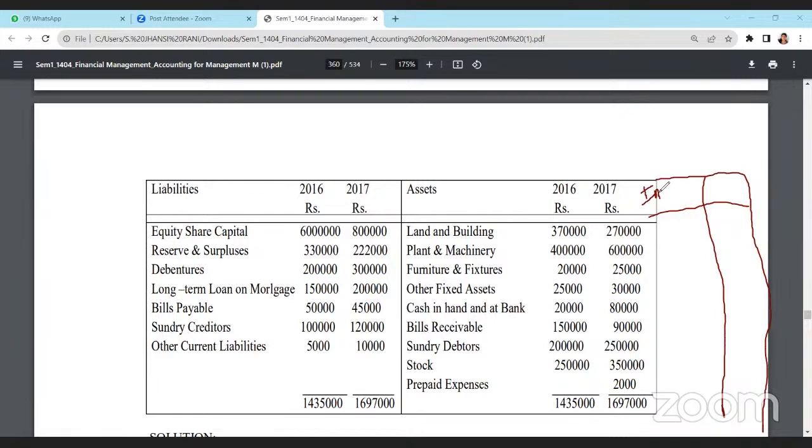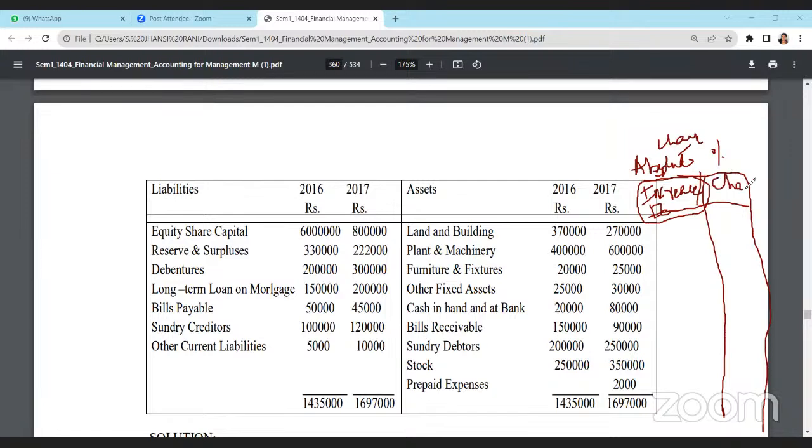The increase or decrease column is also called absolute change. This column is called the absolute change column. And the last column is percentage change.